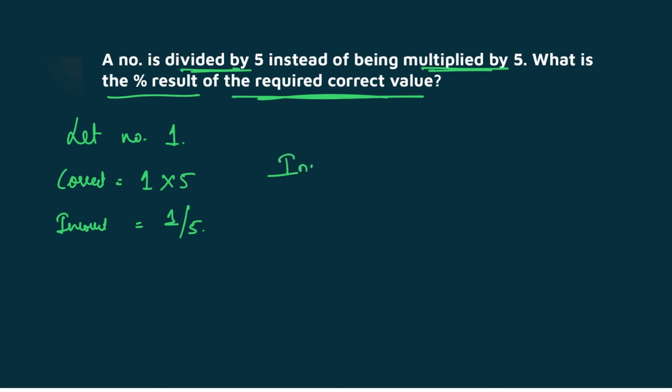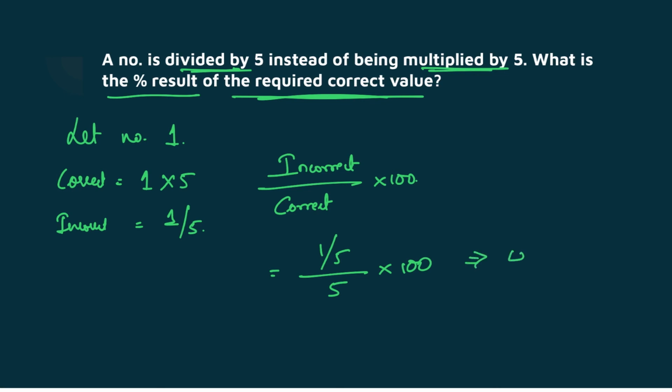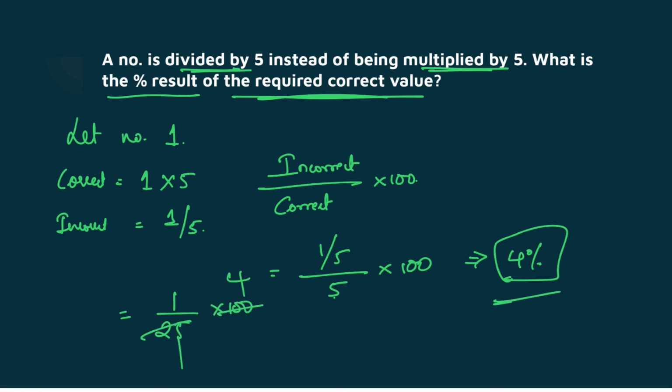So use a simple formula: incorrect divided by correct into 100, which is nothing but incorrect is 1 by 5 and correct value is 5, into 100, which is equals to 4%. So if we calculate this, 5 into 5, 1 by 25 into 100. 25 ones are 25, 25 fours are 100. So 4% is the required correct value.